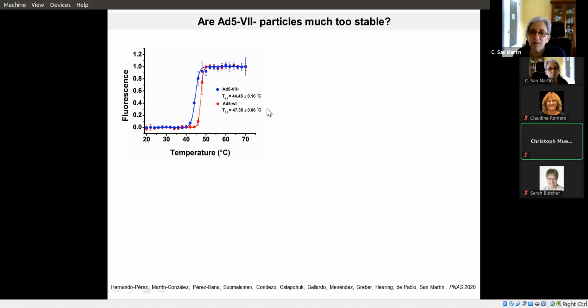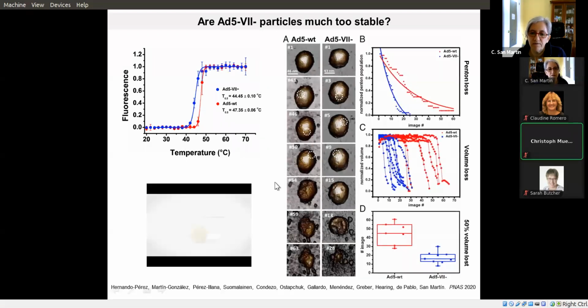And we also looked at mechanical stability of the virus particles. This is something that we do in collaboration with Pedro de Pablo here in Madrid. And in these experiments, we take repeated images with atomic force microscopy of the same viral particle. And in this way, we can simultaneously induce and observe the sequential disassembly of individual adenovirus particles.